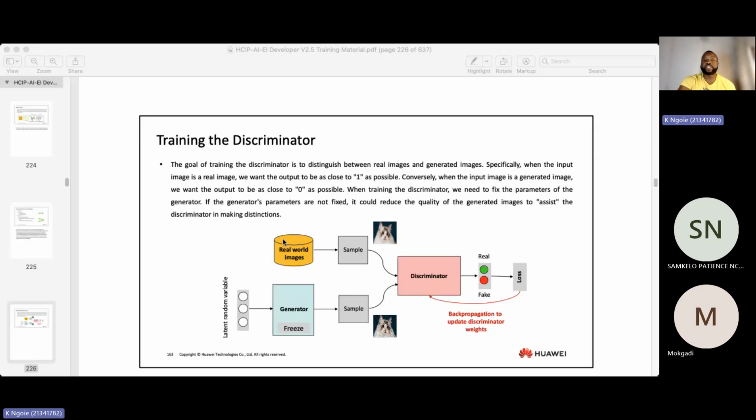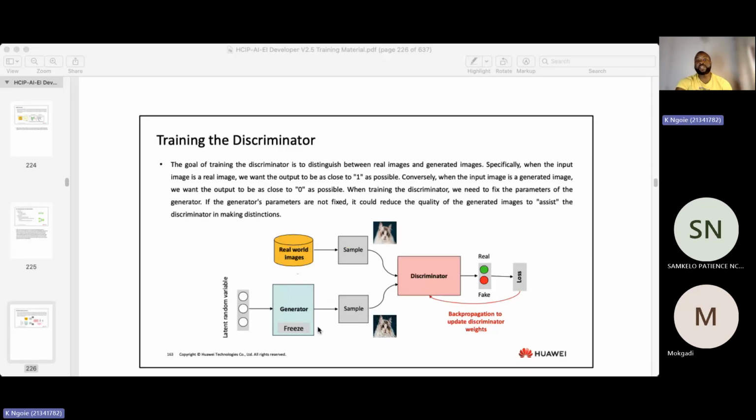Then the discriminator will adjust its weights to output a value close to 1 for these images.